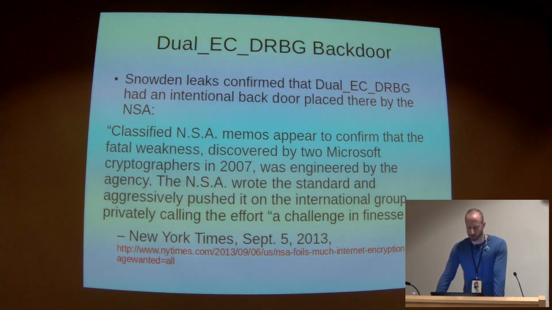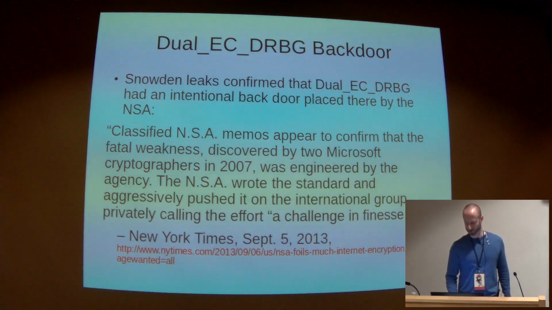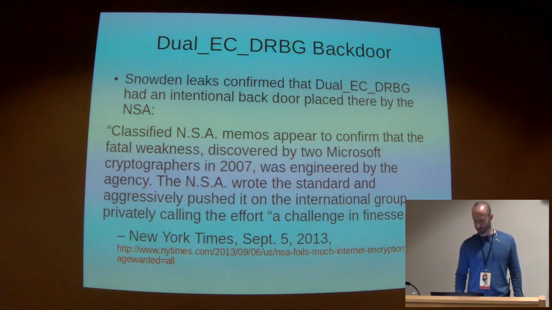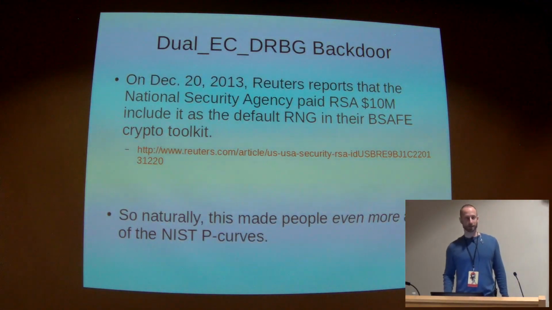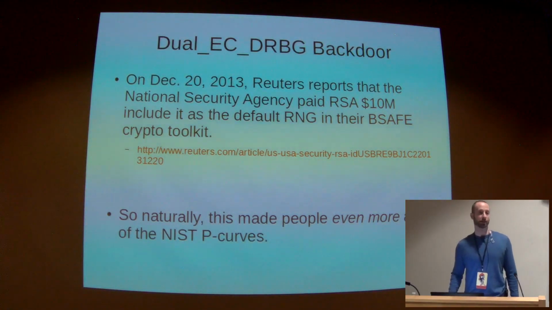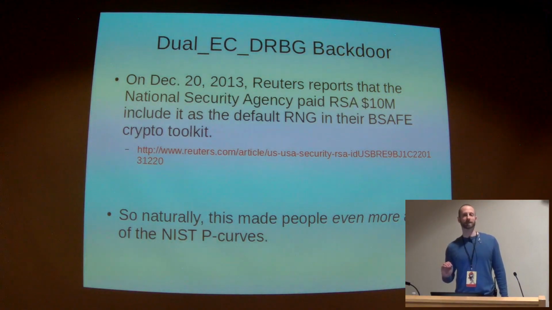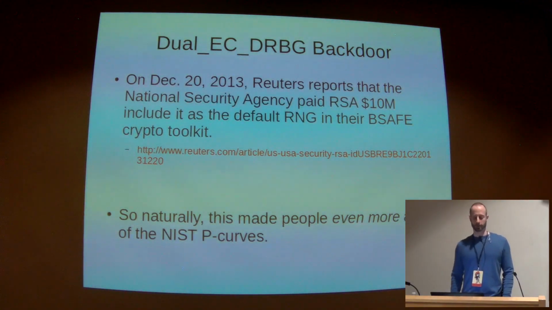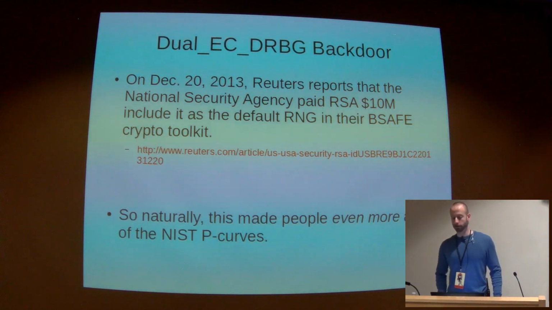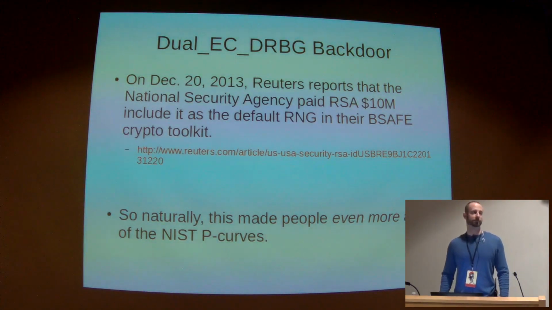The NSA wrote the standard and aggressively pushed it on the international group, privately calling the effort a challenge in finesse. So they got caught red-handed. But even more, they paid RSA Corporation $10 million to include it in their BSafe crypto toolkit. And not only that, but as the default random number generator. So RSA accepted the NSA's money.